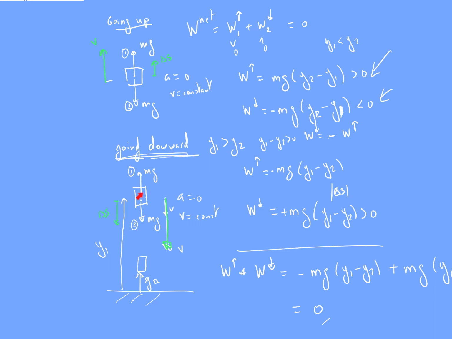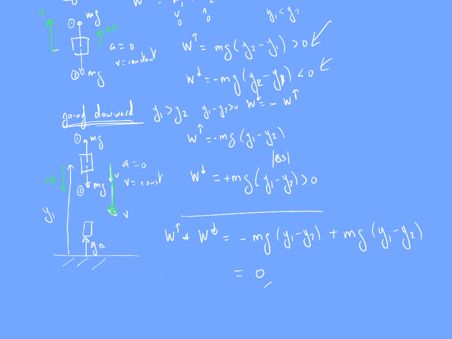So in going from here to here, the total work is the work of the force that is going up plus the work of the force that is going down, that is the weight, and it will be minus mg(y1 minus y2) plus the same amount, mg(y1 minus y2). So this sum is 0.